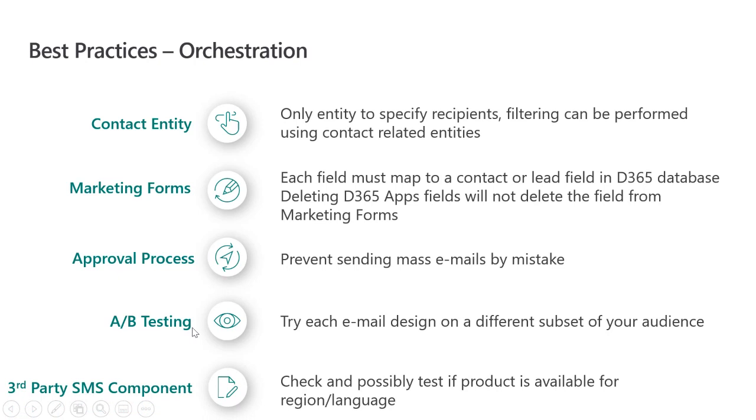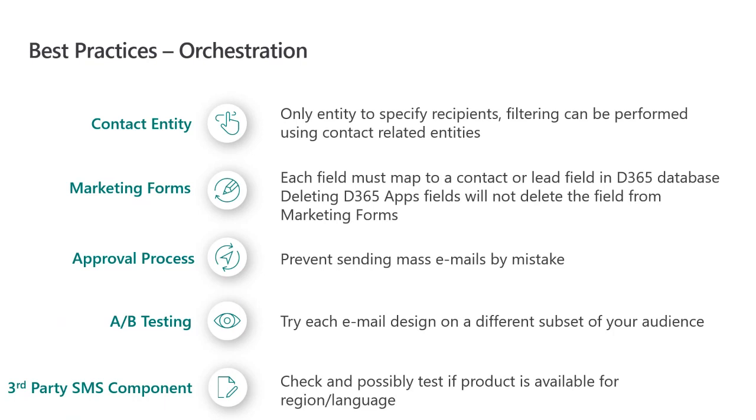Another small best practice is around the third-party SMS component, as you may know we have this component. It's available within AppSource. You can just install it and use it within customer journeys as a custom tile for sending SMS messages. But as of today, this particular component supports only a few languages.